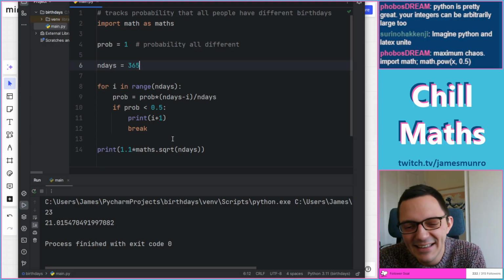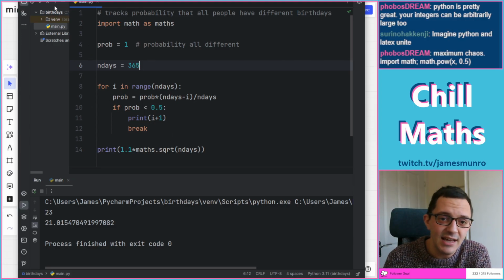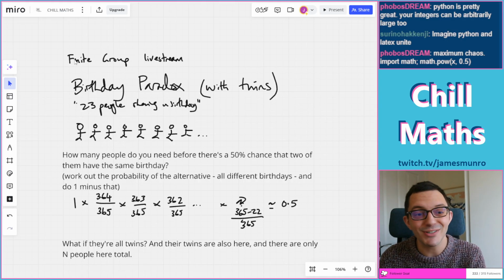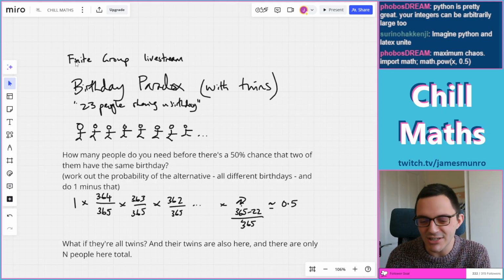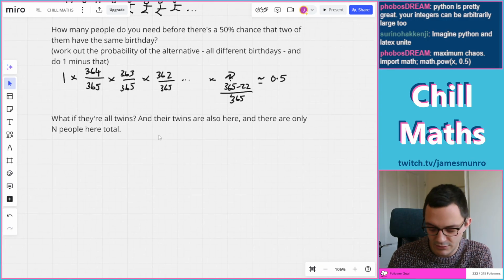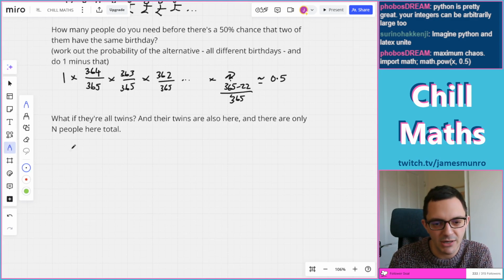Okay, the direction I want to take this instead is to think about the twin version, which I met maybe for the first time this week. If I've seen it before, then I forgot it. So it's the experience of seeing something new, at least. Everyone here is a twin. So once somebody's arrived at the party, the second person might be a twin.